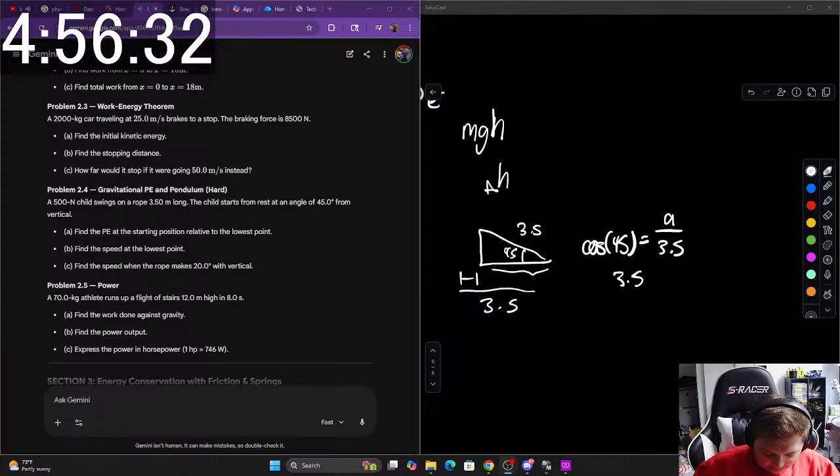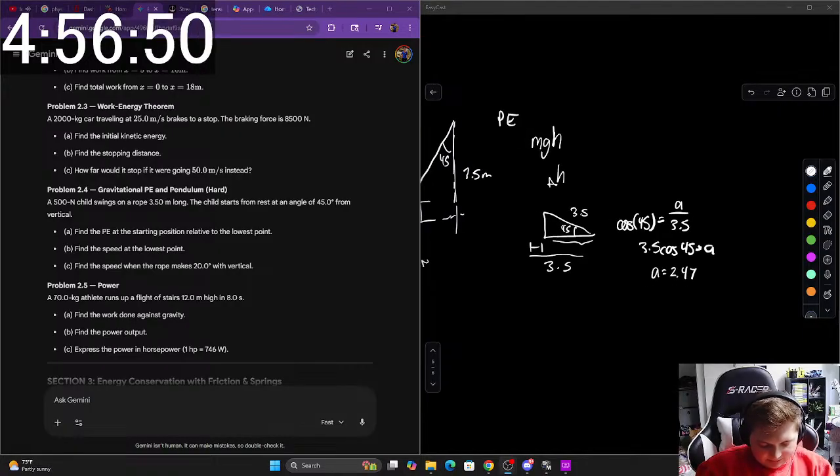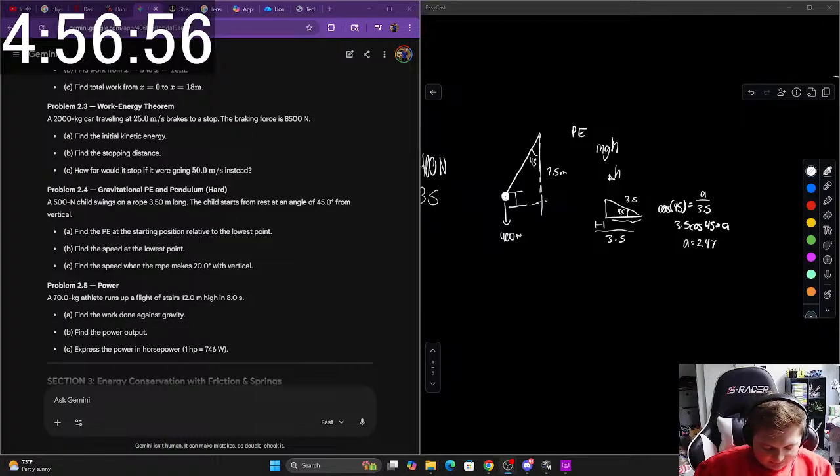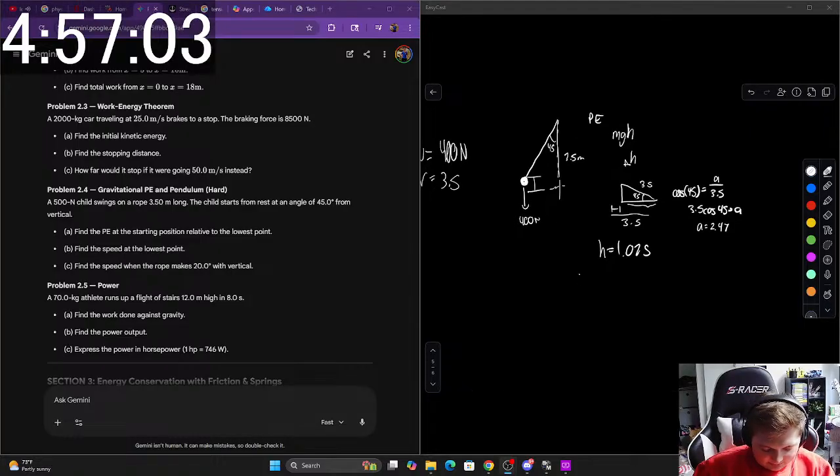So 3.5 cosine 45 is what our A is going to be. 3.5 cosine 45 is 2.47. So we take 3.5 minus that, because that's going to be our difference in height. So our height is going to be equal to 1.025. At least I think. We'll find out.